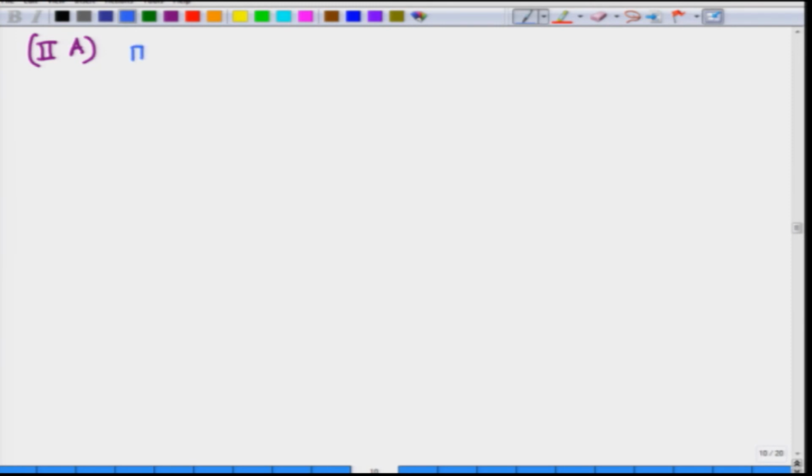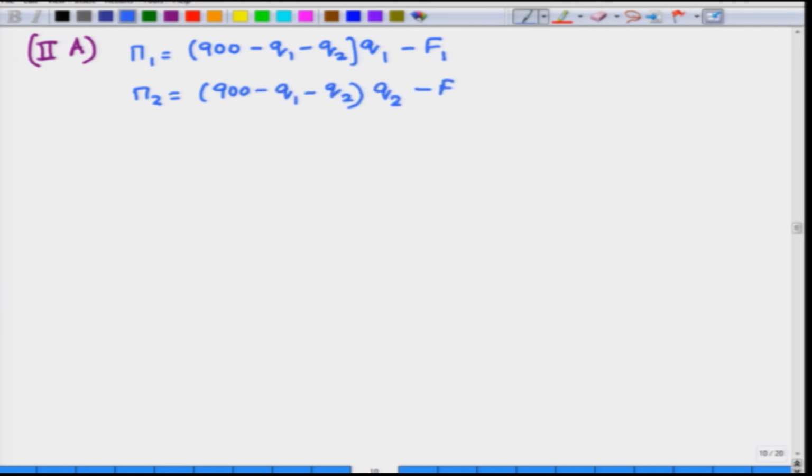Well, the profit of firm 1 essentially is going to be the price, which is 900 minus Q1 minus Q2, the marginal cost of production is normalized to 0, times Q1 minus the fixed cost that it pays of 175,000, and the profit of firm 2 is going to be 900 minus Q1 minus Q2 times Q2 minus F2, right. So, again F2 would be equal to F1, which is equal to 175,000, because both these firms have invested in a large capacity, a large facility.